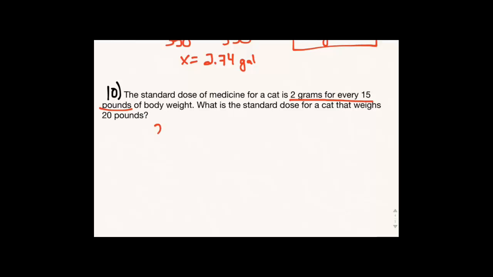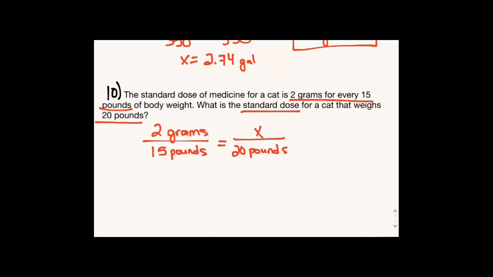So that's 2 grams over 15 pounds. And now the other side has to be grams over pounds as well. So we want to know the standard dose, that's the number of grams, for a cat that weighs 20 pounds. So that means we're going to have 20 pounds underneath, and we're going to have an X on top.